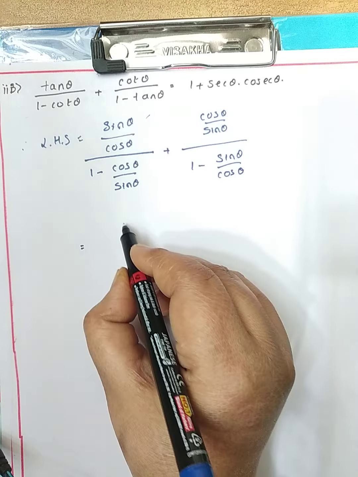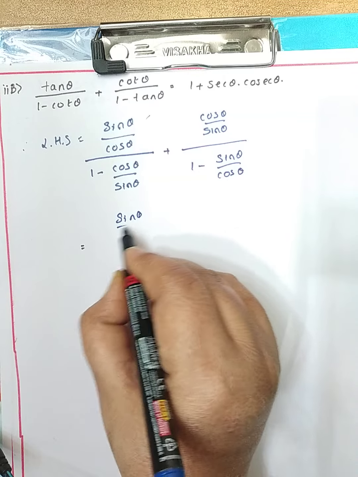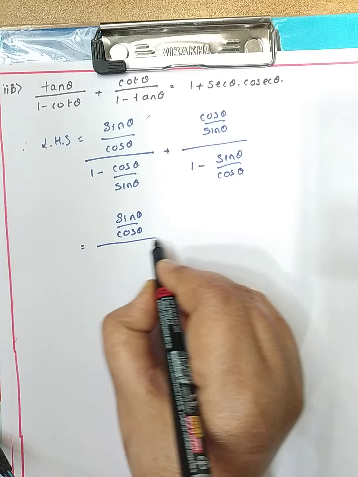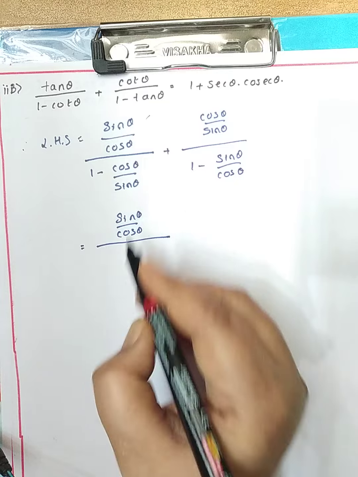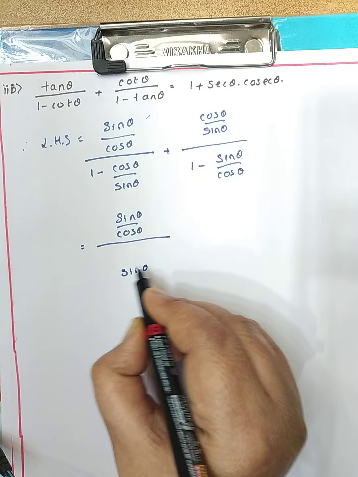Now, for the denominator, sin theta by cos theta, take LCM. Sin theta is the LCM.